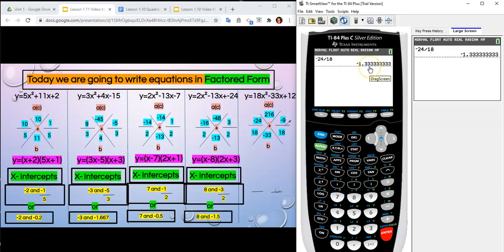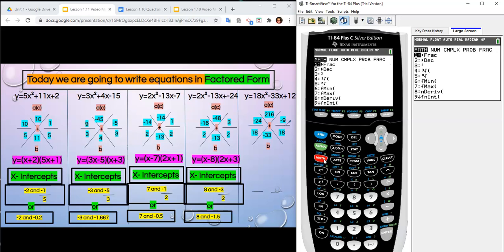I see that's the decimal number, but I have to write this as a fraction, and this fraction right here is not simplified. So to simplify this, and listen very carefully because this is how you simplify fractions in your calculator, you hit your math key, and you see where it says frac.